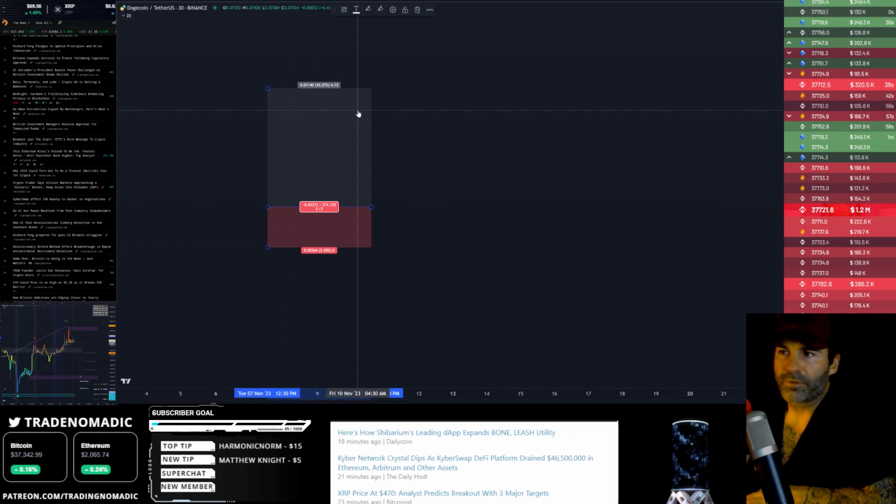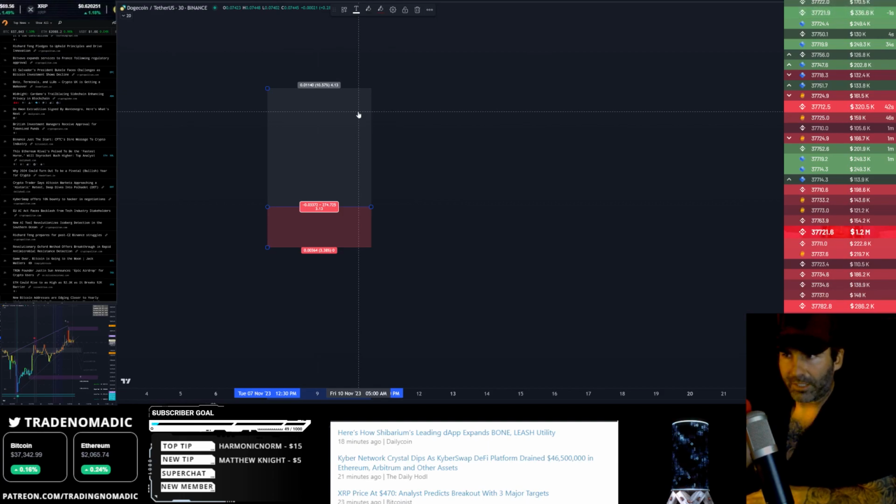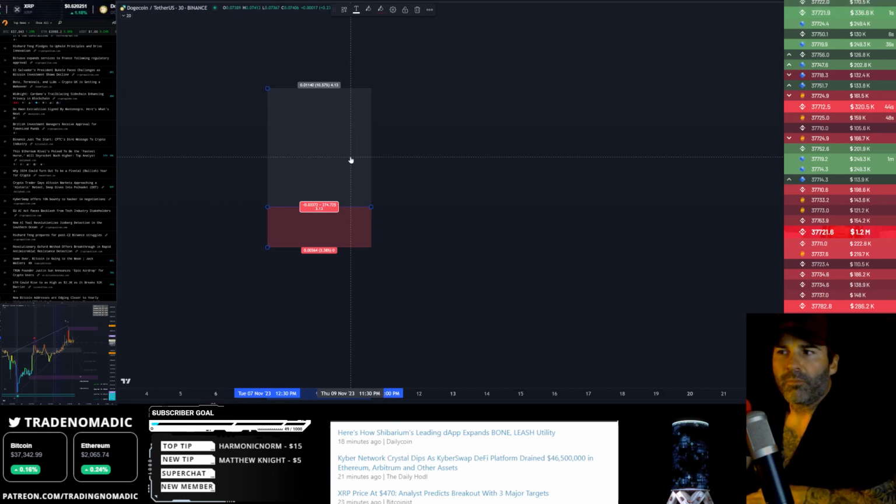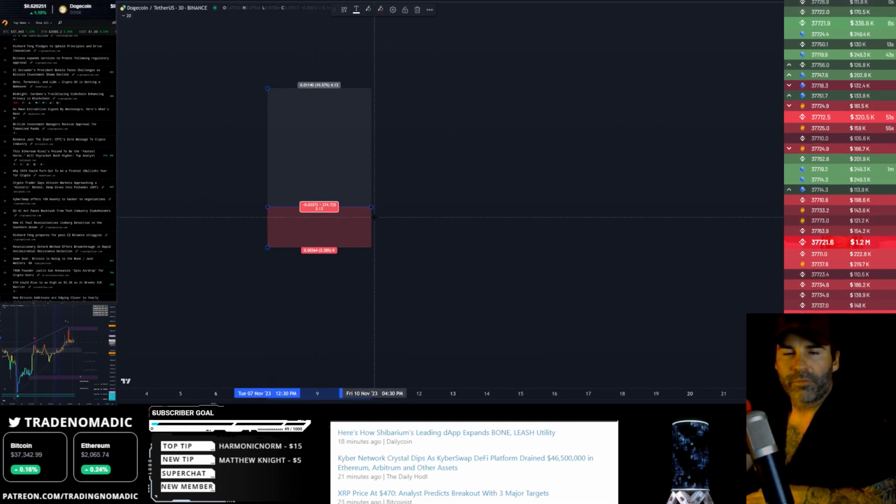And you could trade any multiplier, but the idea of having your reward weighted heavier than your risk is because if you flipped a coin and you took a trade, you're going to get 50% right, 50% wrong in the long run. Price is going to go up, price is going to go down.